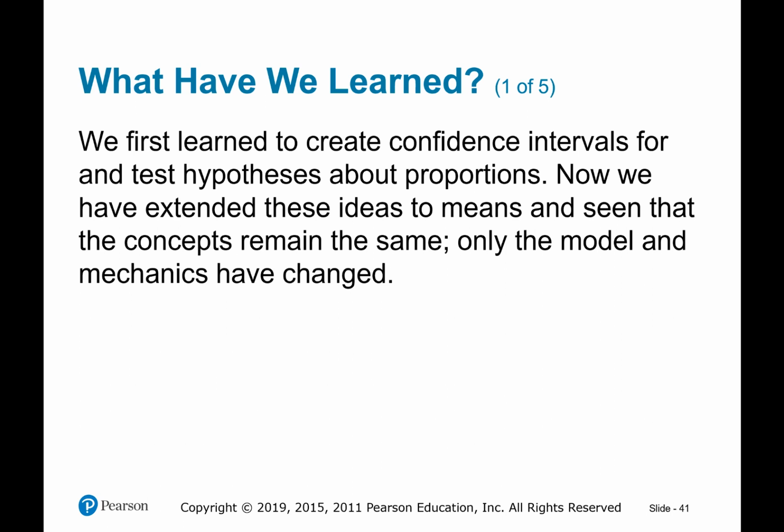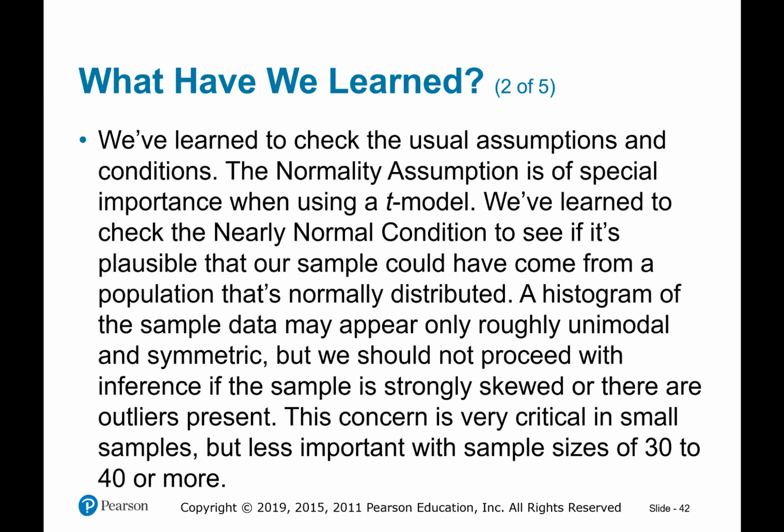So again, different kinds of things. It's a different model that we need to check. It makes a big difference if we have a relatively small sample size. Once we get above 40 or so, I think we're okay.